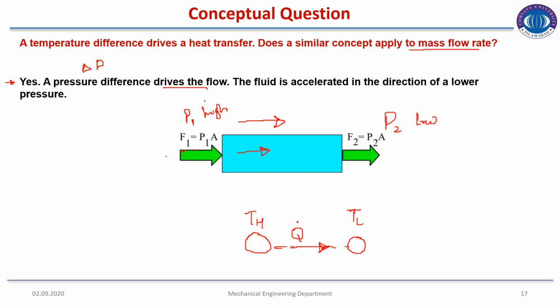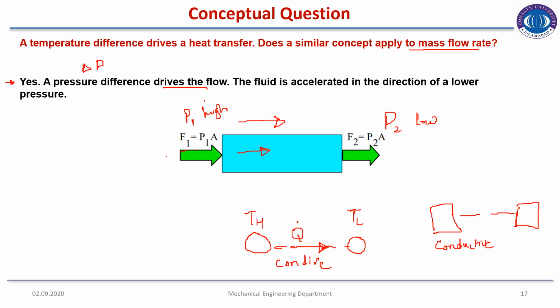So the similar concept is, if you have two bodies, both bodies should be conductive. So in heat transfer, a conductive body should be used for heat transfer as well.